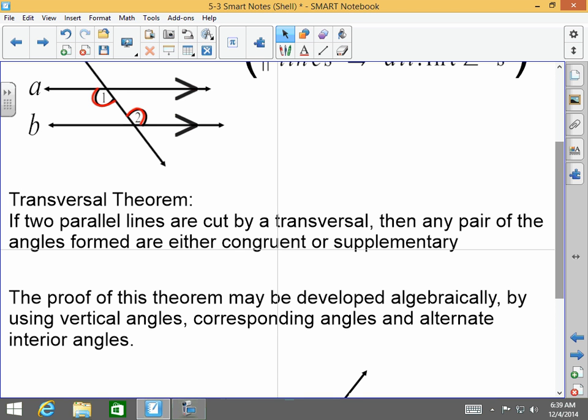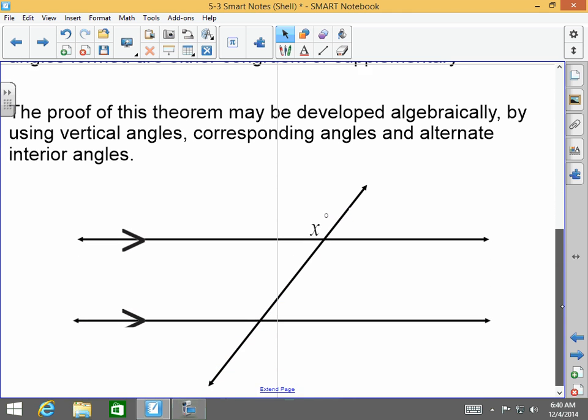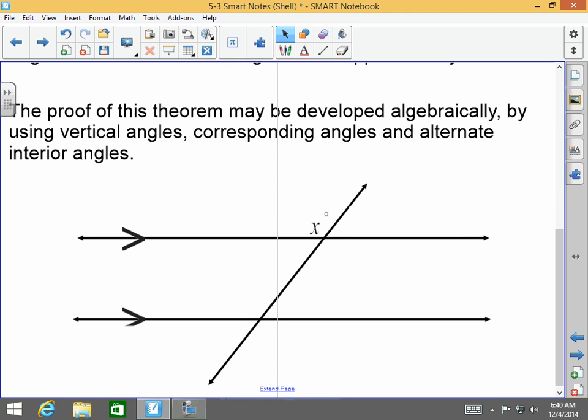The proof may be developed algebraically by using vertical angles, or geometrically by using corresponding angles, alternate interior angles, and also same side interior angles.